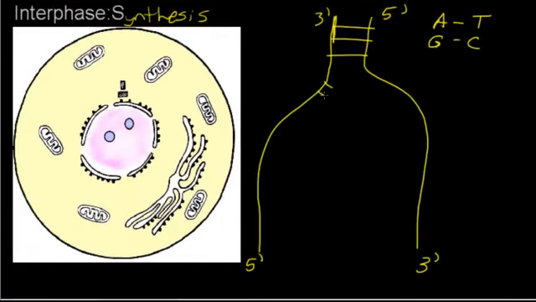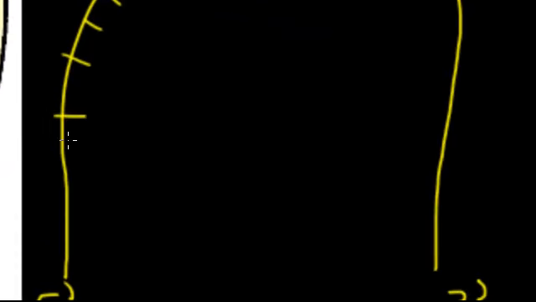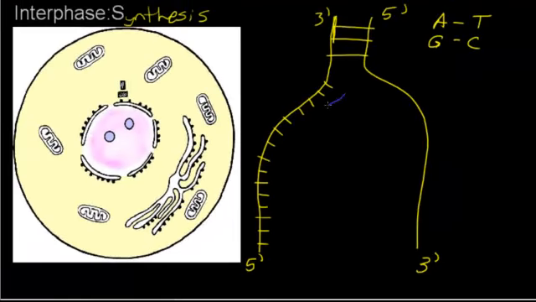Okay, so now as we're opening up our bases here, this semi-conservative replication means that we're going to bring in, with the help of enzymes, of course, complementary bases, and we're going to create a new strand here.